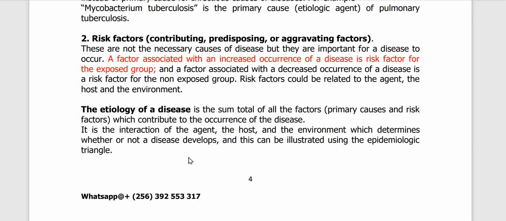So, the etiology of a disease is the sum total of all factors, which includes the primary causes and the risk factors, which contribute to the occurrence of the disease. So, it is the interactions of the agent, the host, and the environment, which determine whether or not a disease develops, and this can be illustrated using an epidemiologic triangle.